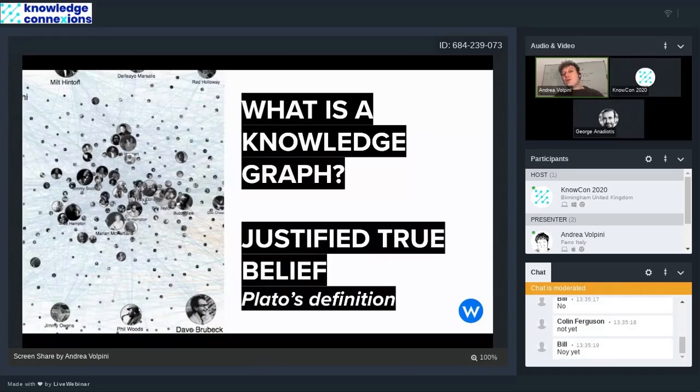So a knowledge graph is a way of representing a justified true belief in a data structure. And of course, we will not get into the debate of whether this is right or wrong, but just so you know, a knowledge graph is a data structure that describes facts. Okay, and that is the definition that we will use during this workshop for knowledge graph.